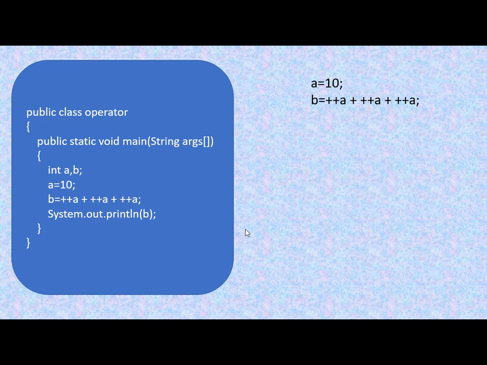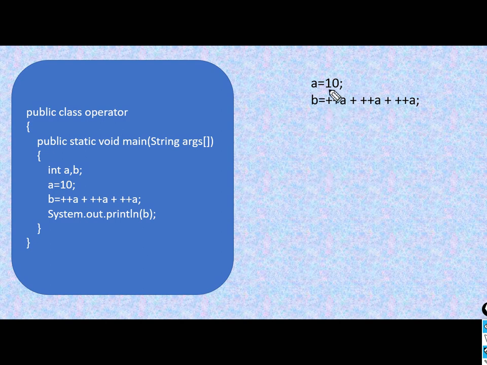Here this was our code, and let's try to understand how we are getting the output as 36. This is our main calculation which is happening. The initial value of a is 10, and b's value we have to find out using this expression.